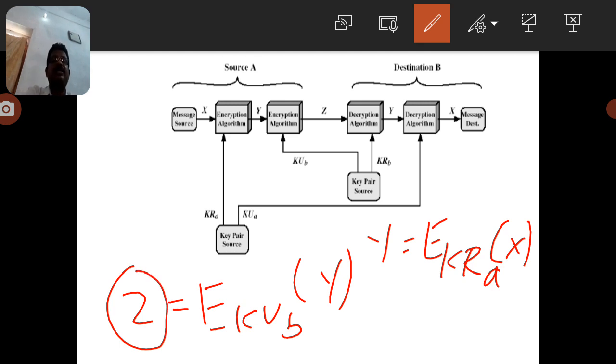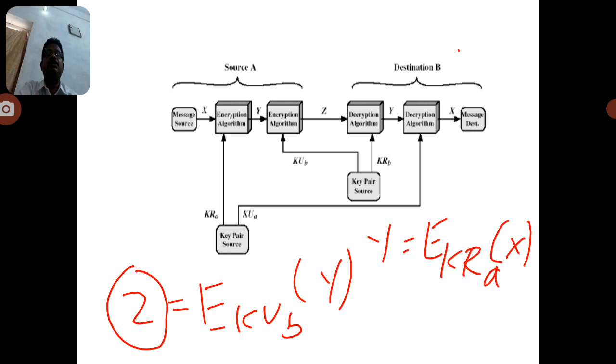This provides confidentiality, because why do we call it confidential? Only the private key is known by the receiver B. So who can decrypt this message? Only the receiver B can decrypt the message. No one else can decrypt it. This is the greatness of public key cryptography.